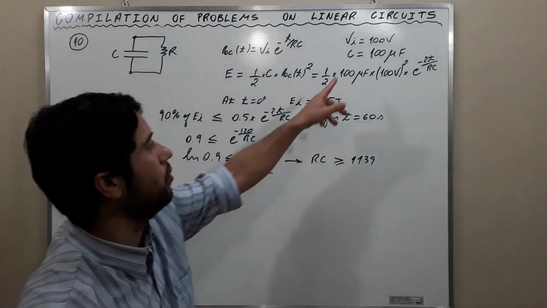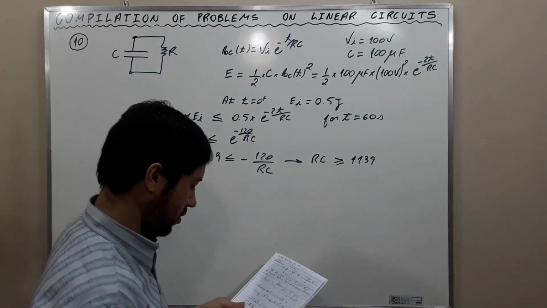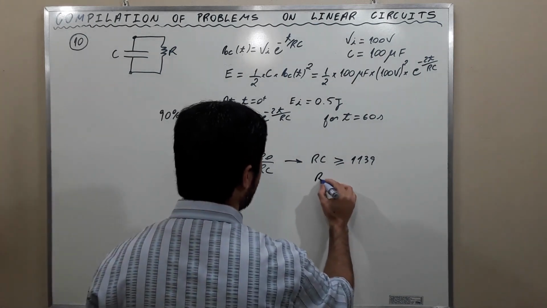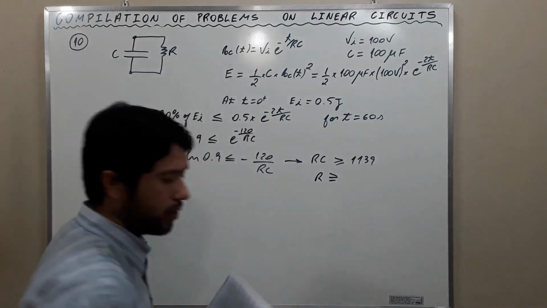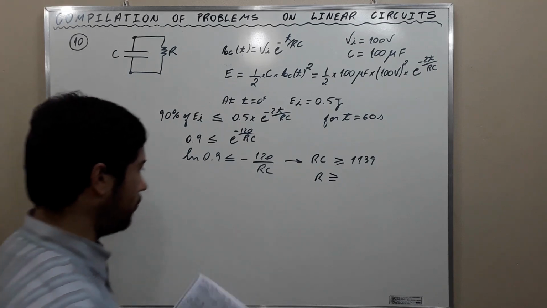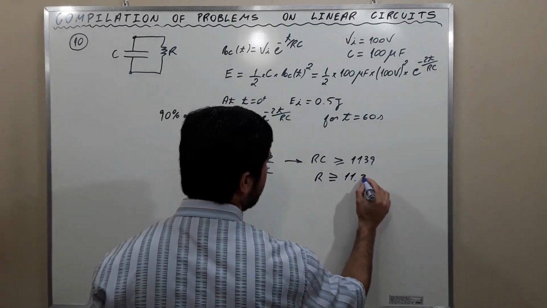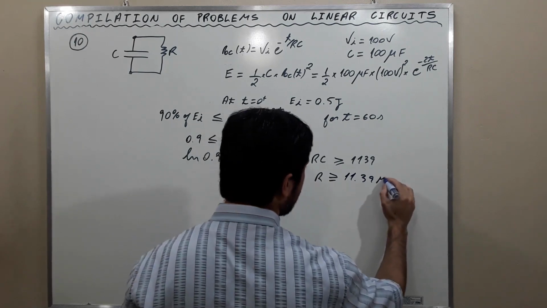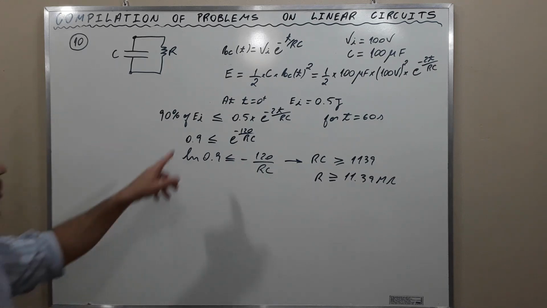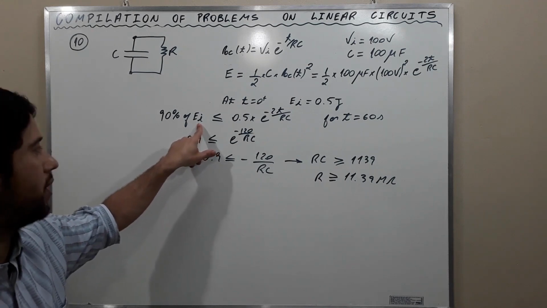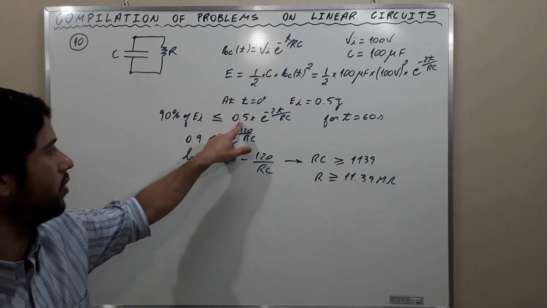Since we know the value of the capacitance, we conclude that the resistance must be greater than or equal to 11.39 mega ohms, okay? If we want the initial energy stored, regardless of the amount, we see that we cancel the amount of energy out here with this, okay?